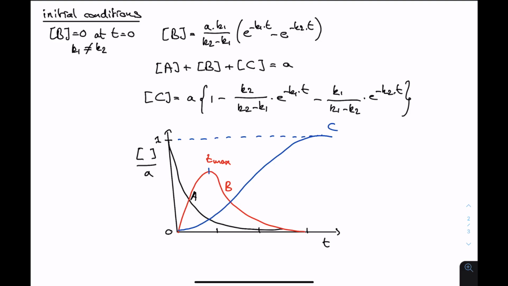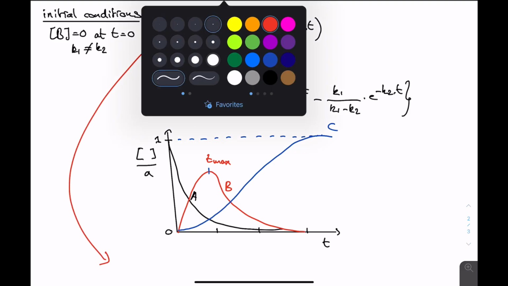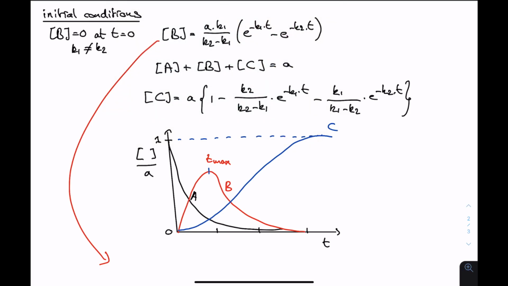So if we bring this here, and if we take the derivative of that reaction, right, because the derivative of B is 0 at the maximum point. So we basically set that whole thing to 0.